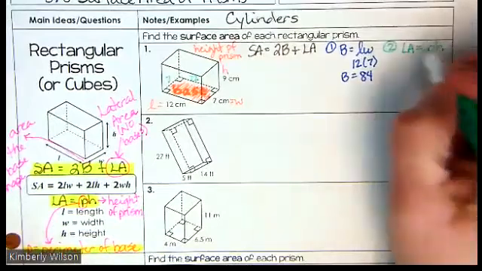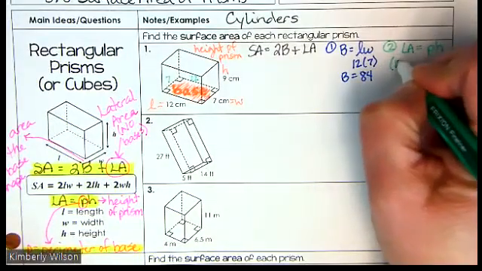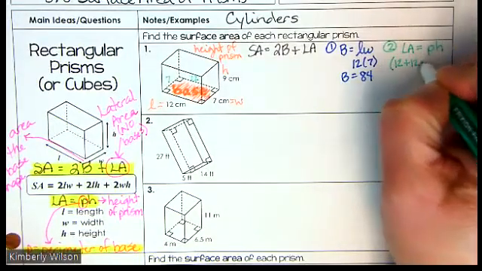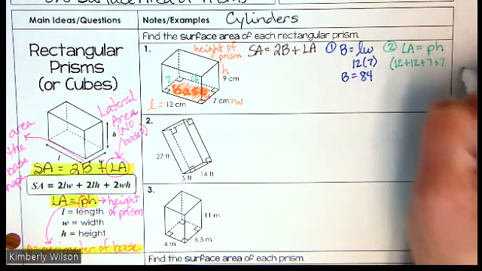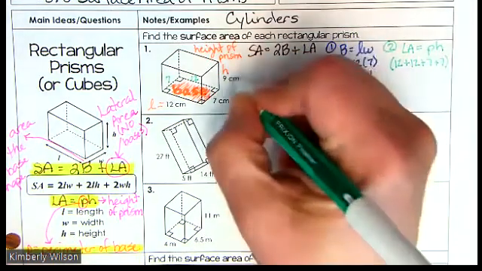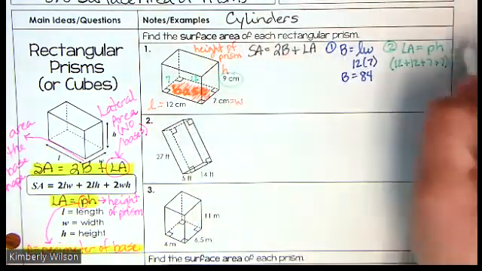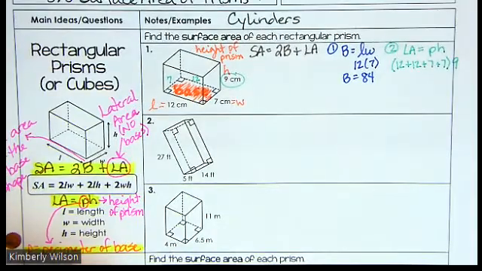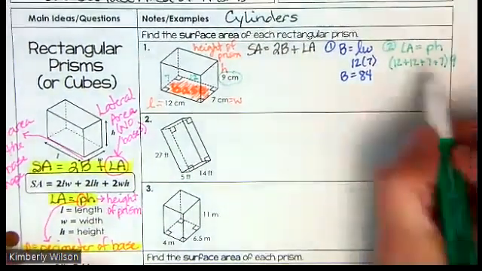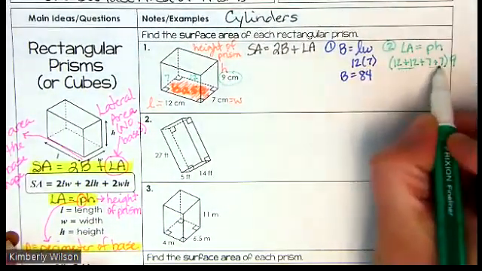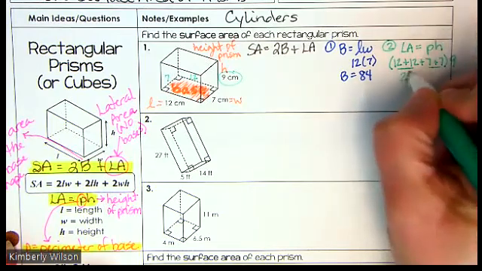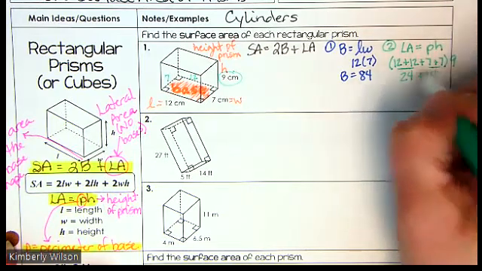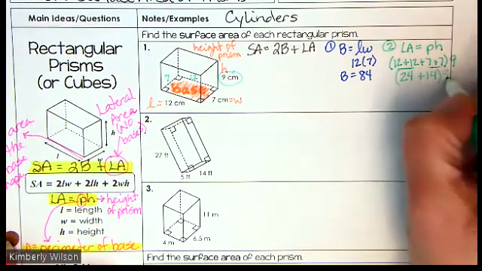So to find the perimeter, I'm doing 12 plus 12 plus 7 plus 7 times, what's the height? 9. And now I have to show all of the steps of my work. So I'm going to add these two together, add these two together. So I end up with 24 plus 14 times 9.